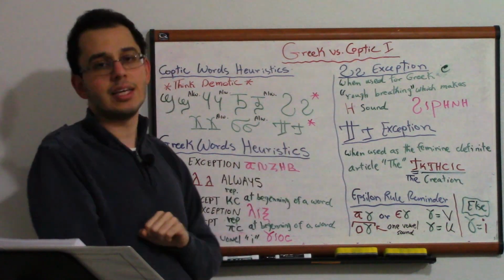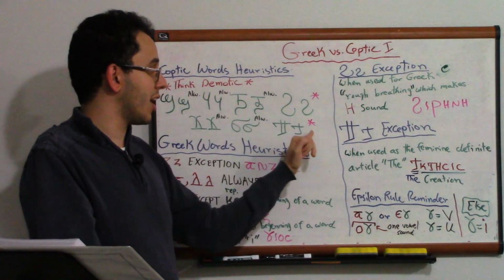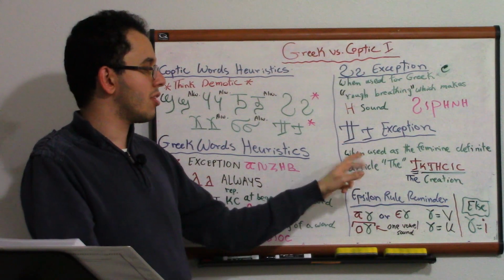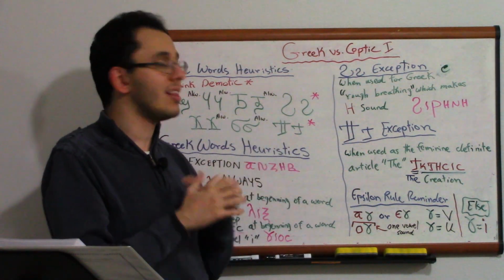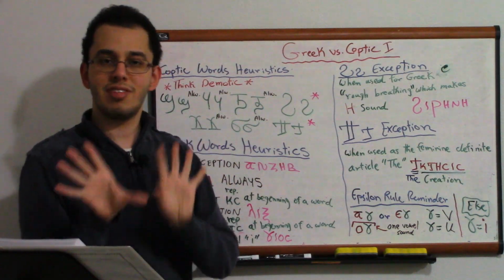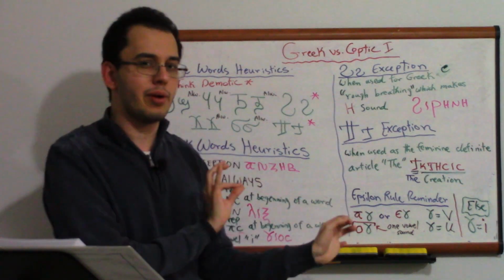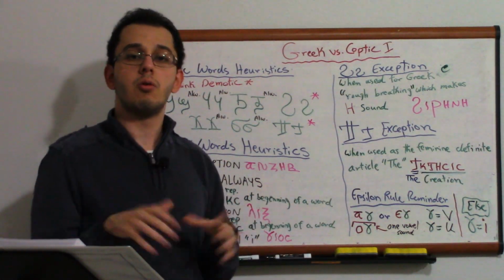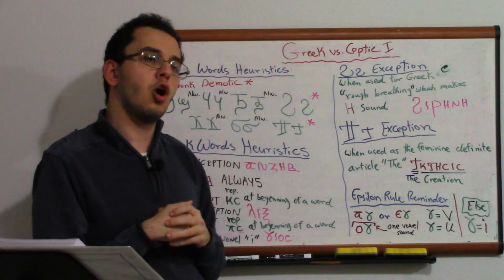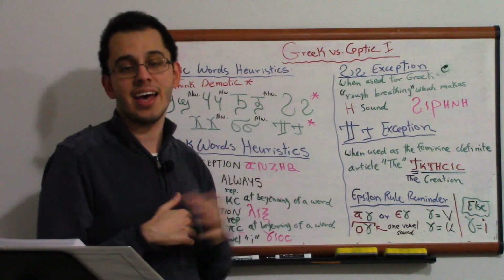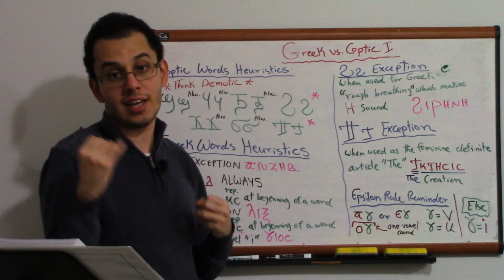Then comes the Ti. The exception for it is that sometimes the letter T by itself is used as something called the feminine definite article. This is a little grammar. I'm just going to go through a quick grammar and then come back to this, okay? In English, it's much easier because you know of the definite article "the" and the indefinite article "a".